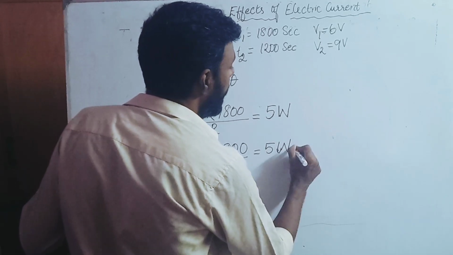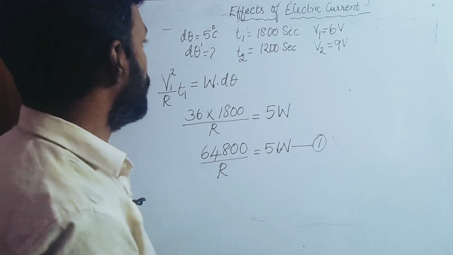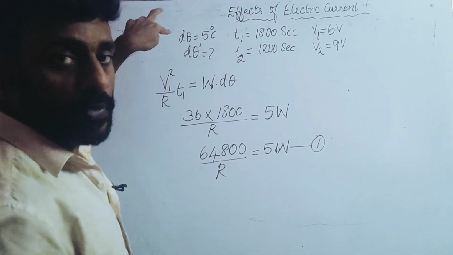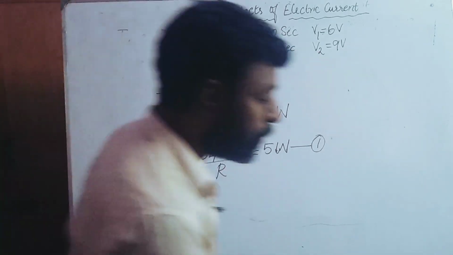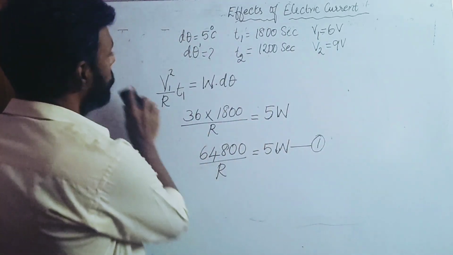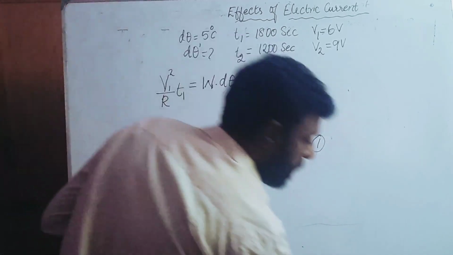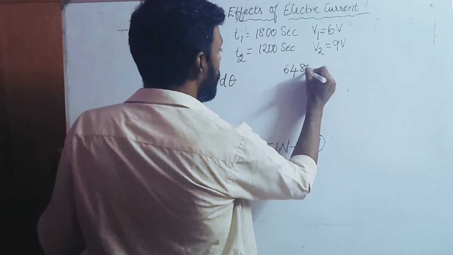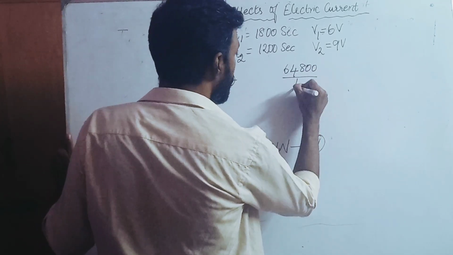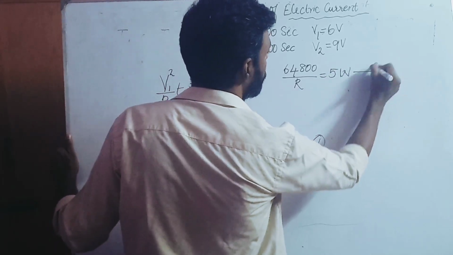This will be my equation number 1. I have formed equation 1 for the first set of values. Using the second set of values, I am going to frame equation number 2.